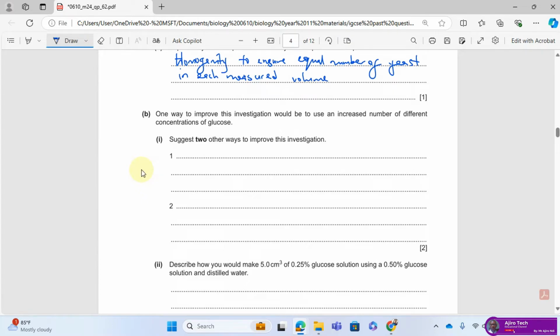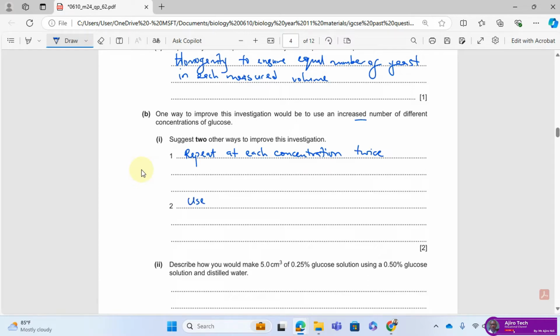One way to improve this investigation would be to use an increased number of different concentrations of glucose. State 2 other ways to improve this investigation. We can ensure that we repeat the investigation for each level, repeat at each concentration. We can repeat the experiment twice or 3 times, and we take the average.